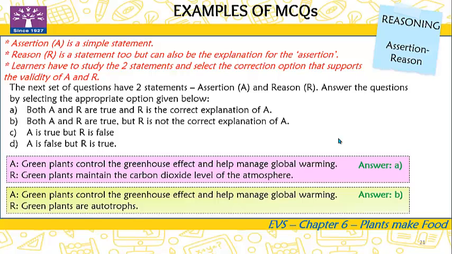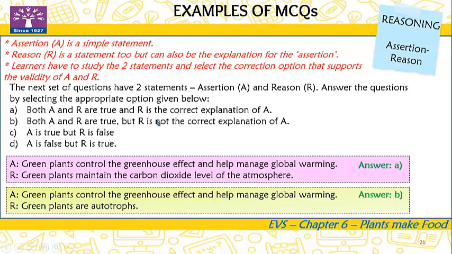Students have to decide on any of the four options pertaining to A and R, given an assertion and a reason statement. They have to decide whether both A and R are true and R is the correct explanation of A, or both A and R are true but R is not the correct explanation of A. Another option is A is true but R is false, and the last option, A is false but R is true.